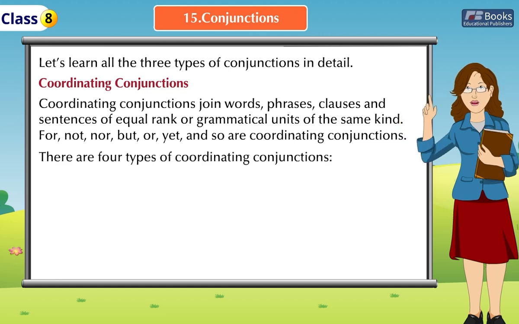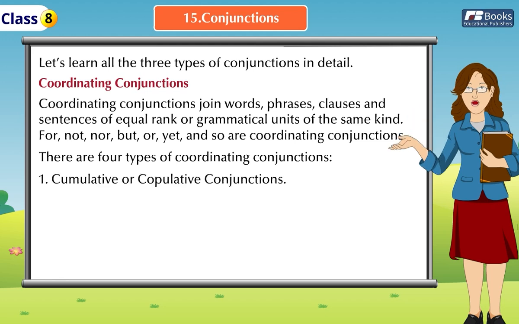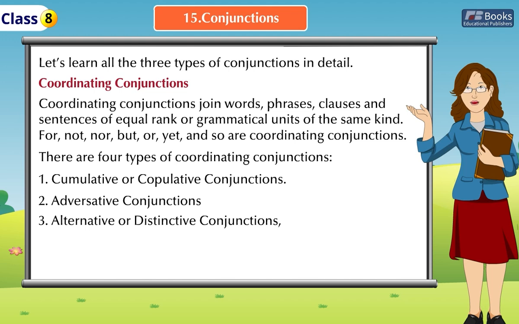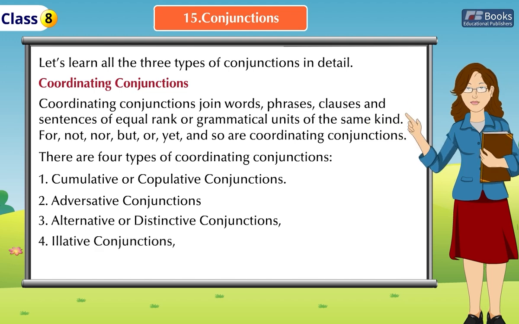There are four types of coordinating conjunctions. First, cumulative or copulative conjunctions. Second, adversative conjunctions. Third, alternative or distinctive conjunctions. Fourth, illative conjunctions.